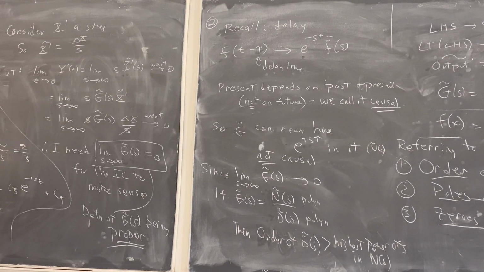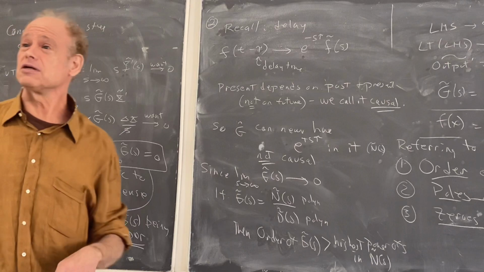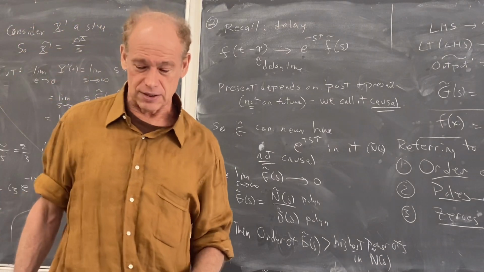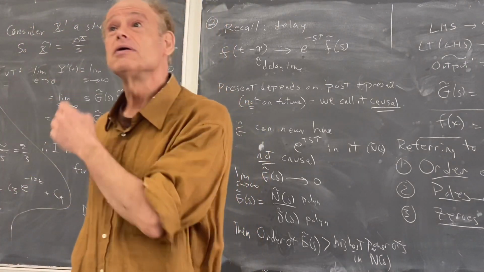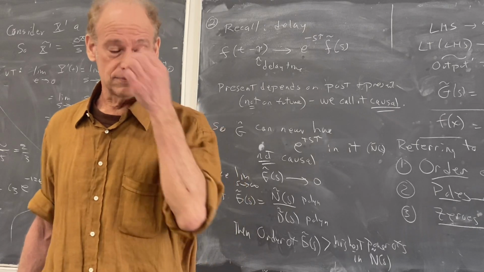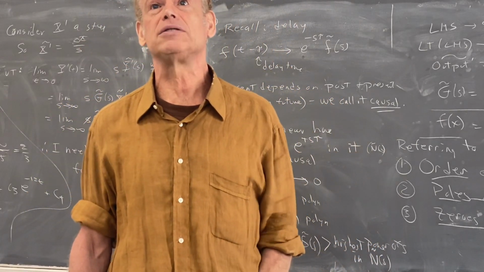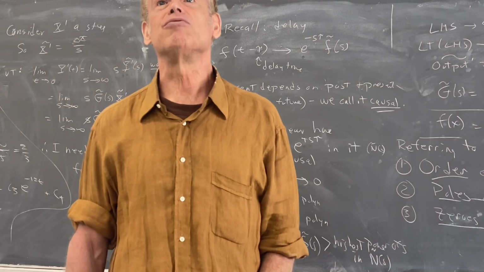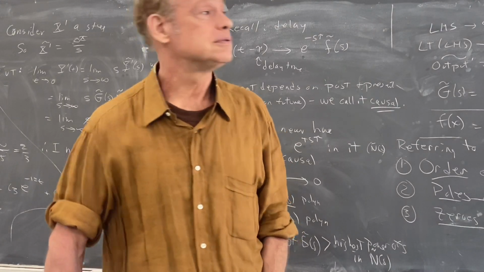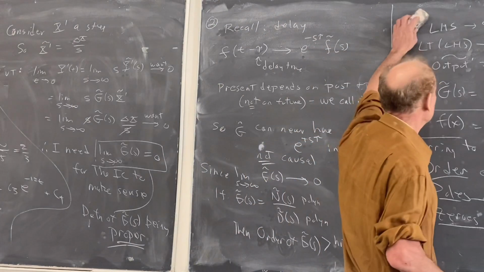That's saying the changes that happen now depend on who's going to be elected president in 2024. Well, that doesn't make any sense. What happens now depends on who was elected president last year. So you're saying the non-causal stuff is impossible? Correct. We reject non-causal G's. Other questions?